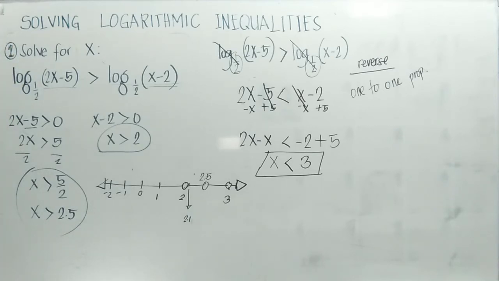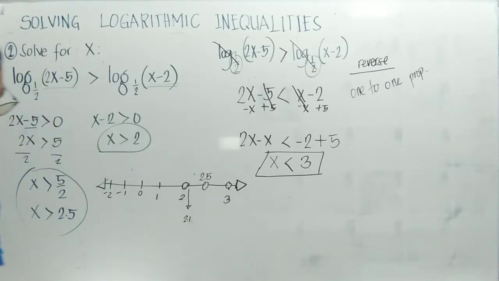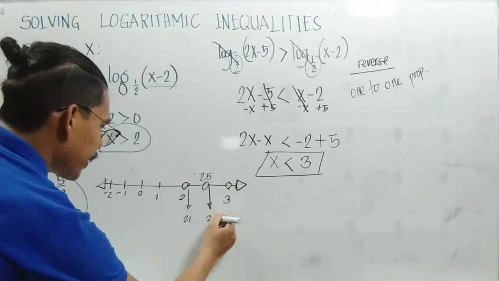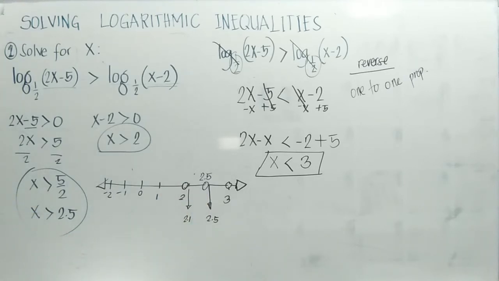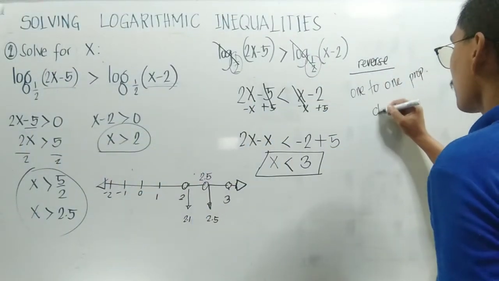So let us check 2.1, and on here we will be checking 2.6, values that are greater than 2.5. Okay? So checking.